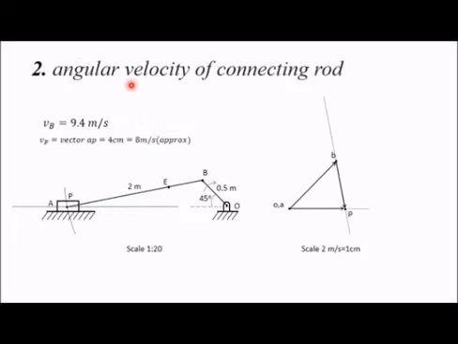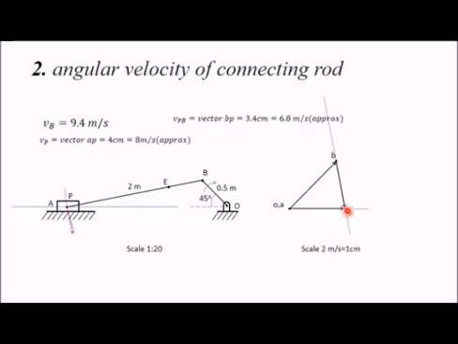Now to determine the angular velocity of the connecting rod, we require this length BP. This is the velocity of P with respect to B. So the velocity of P with respect to B is equal to vector BP, and when you measure this length you will get 3.4 centimeter. Applying the scale, 2 meter per second equals 1 centimeter, it comes to around 6.8 meter per second.